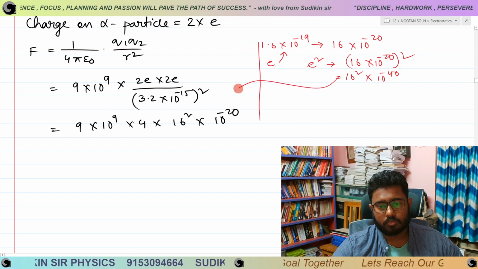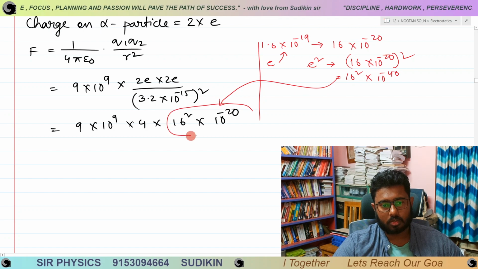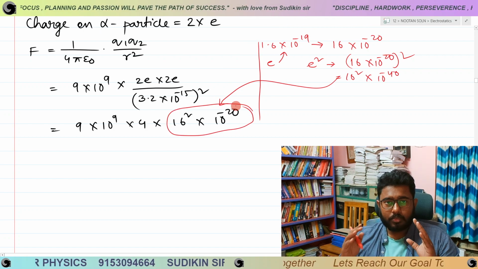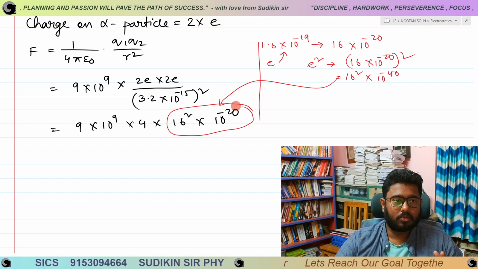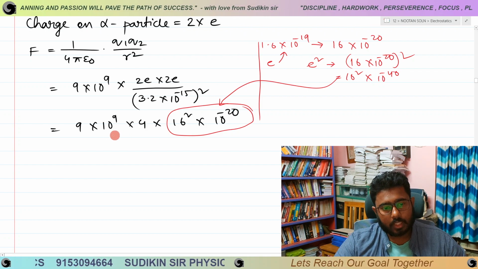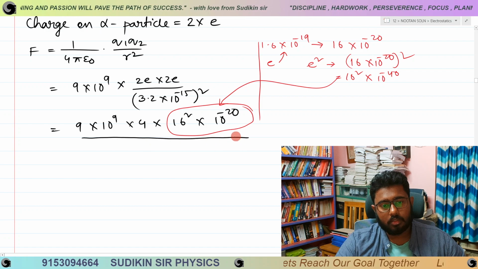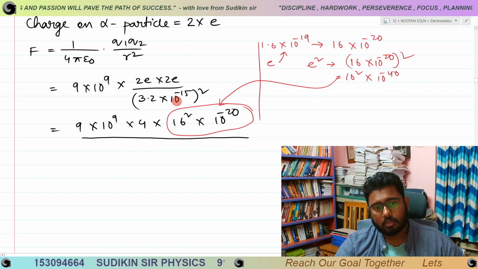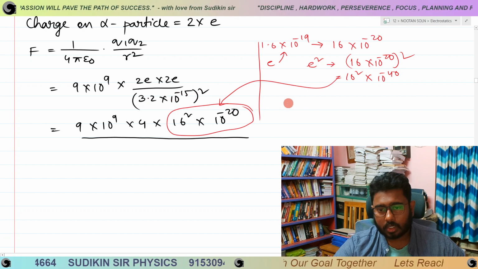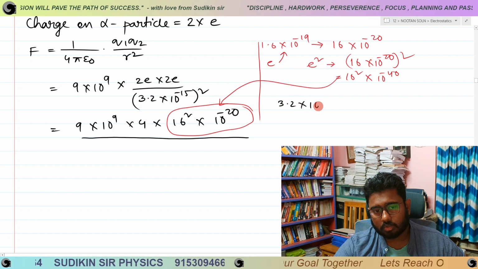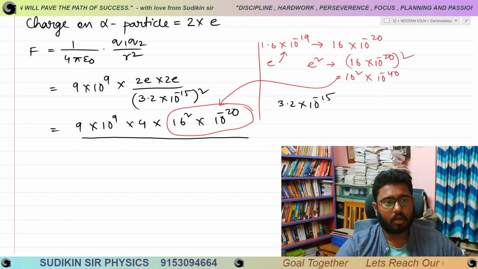Okay, this is what I'm writing here. So you have to remember some tricks so that your numerical becomes easier. You should remember these tricks. Okay, and that will be divided by the square of this, 32 into 10 to the power minus 15. Now we can also write it in this way, 3.2 into 10 to the power minus 15.